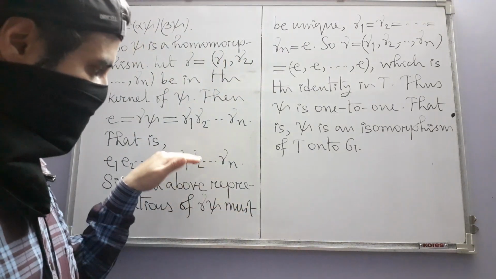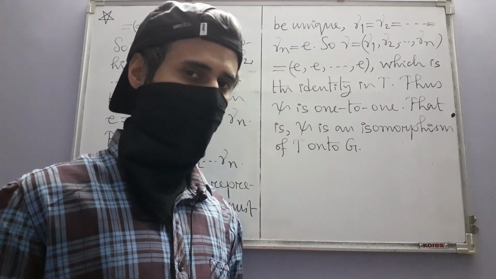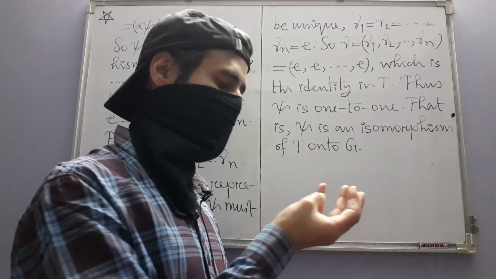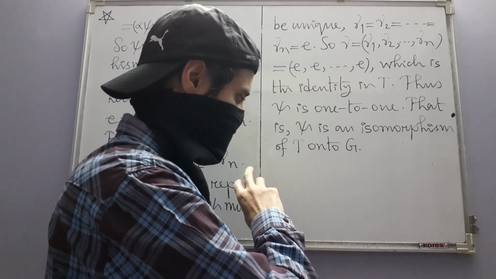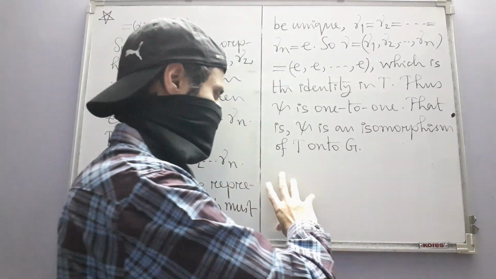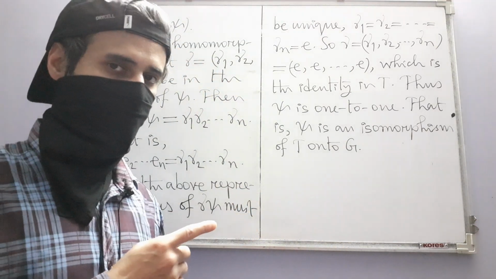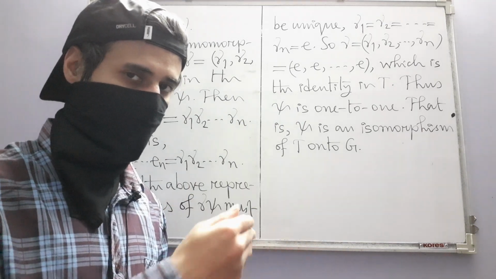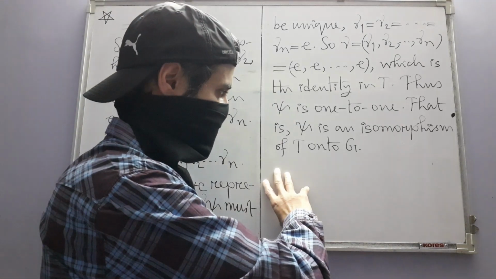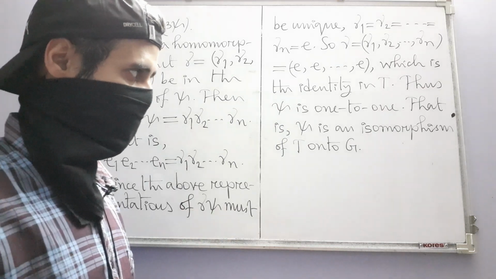You see, whatever you are seeing here, you are going to see versions of this in the other algebraic structures also, rings, vector spaces, modules, etc. So these type of results help us. In what way do they help us? These results help us break down a complicated algebraic structure as a direct product of simpler algebraic structures, and that's why these are important. So with this, the theory part of this section is over.